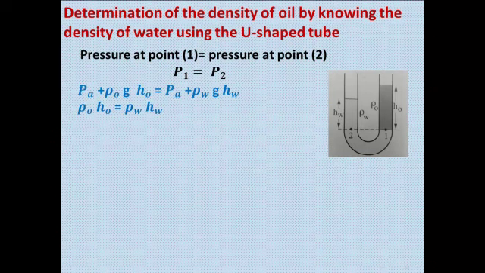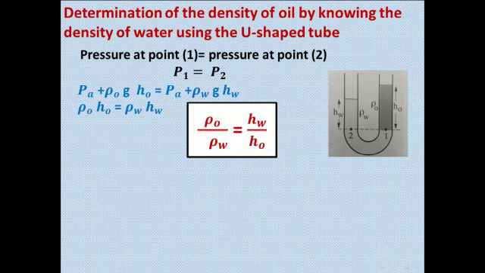So the pressure at 1 will be atmospheric pressure plus rho g h oil, and pressure at 2 will be atmospheric pressure plus rho g h water. Atmospheric pressure is constant, cancel it. g is constant, cancel it. So rho oil h oil equals rho water h water.